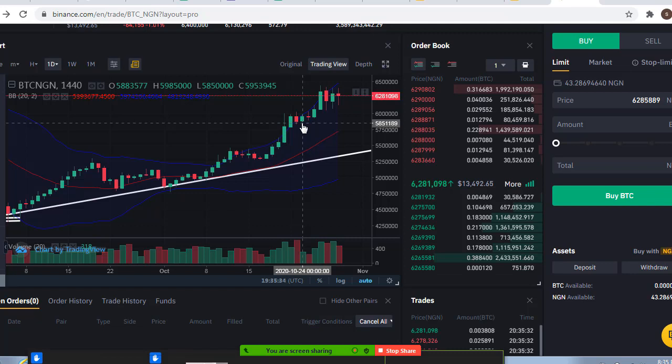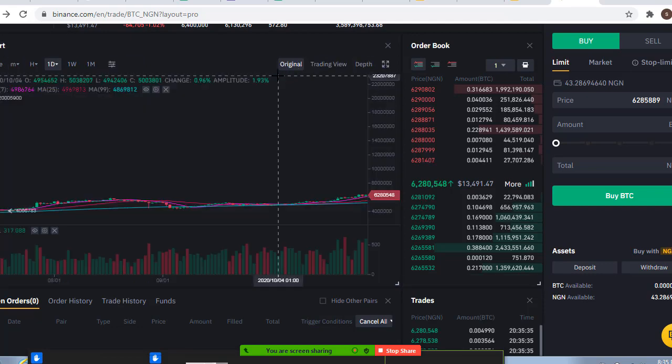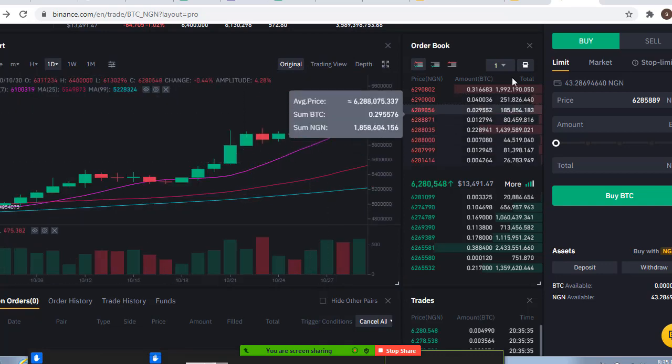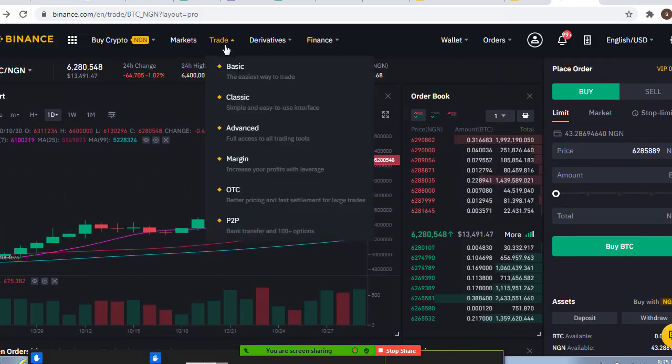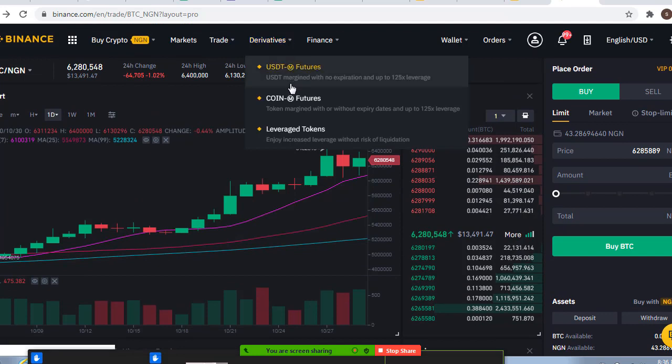Futures is an instrument, but it's different from spot or margin. If you go to this, you see futures.